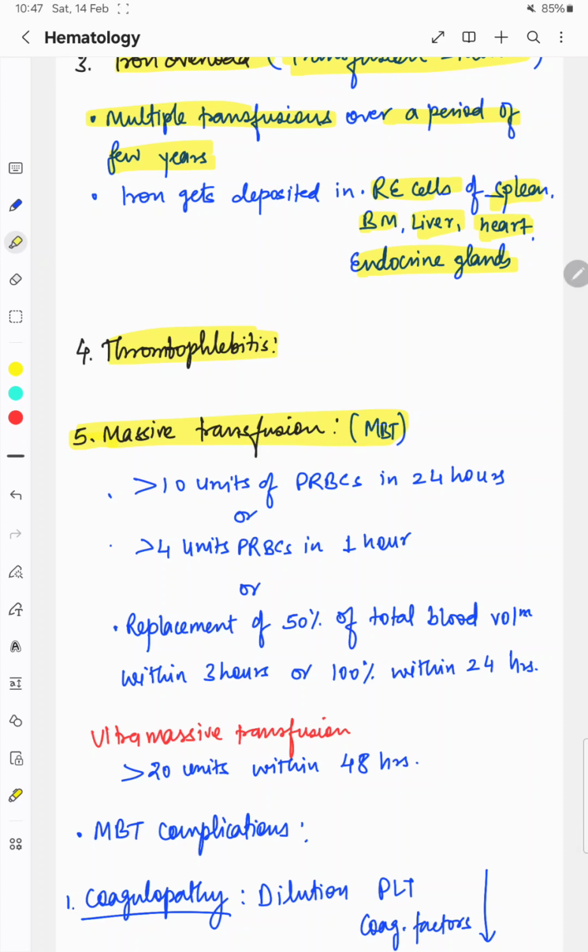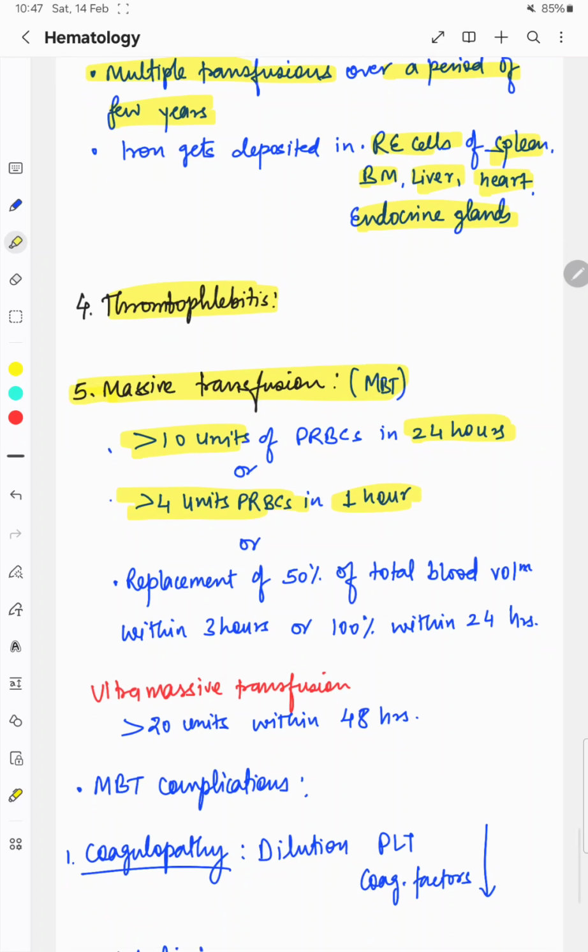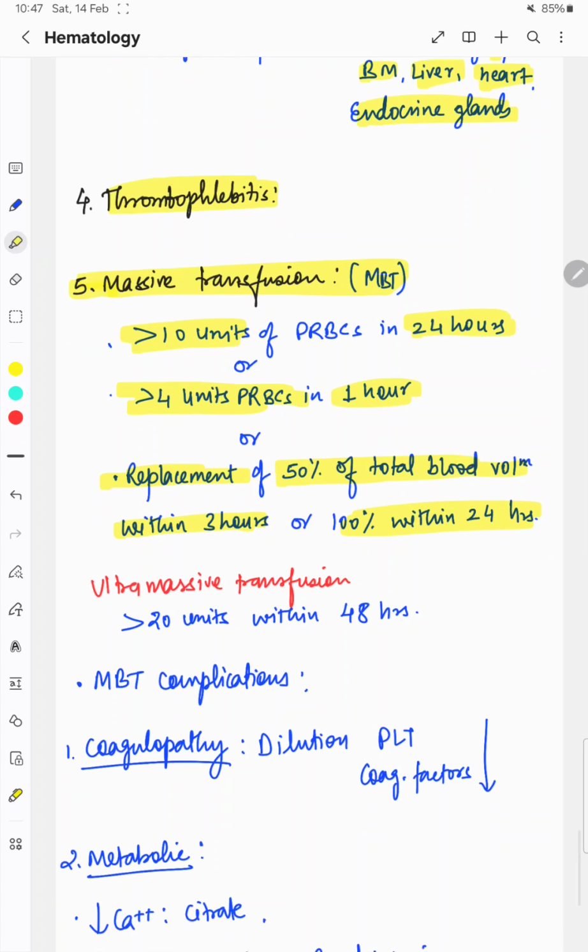First is more than 10 units of PRBC in 24 hours, or more than 4 units of PRBC in 1 hour, or the replacement of 50% of blood volume within 3 hours, or 100% of blood volume replacement in 24 hours.